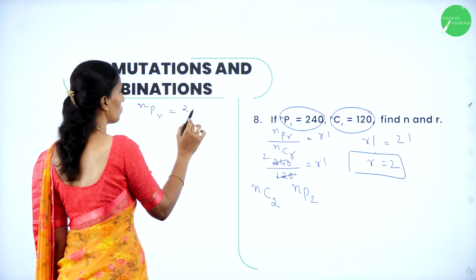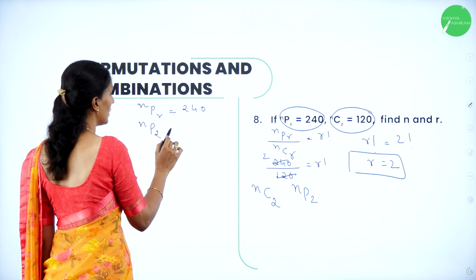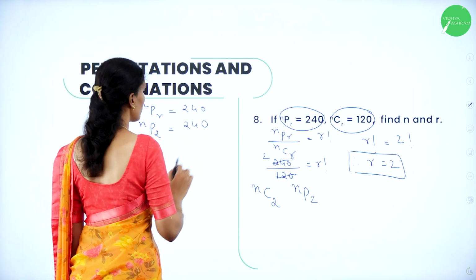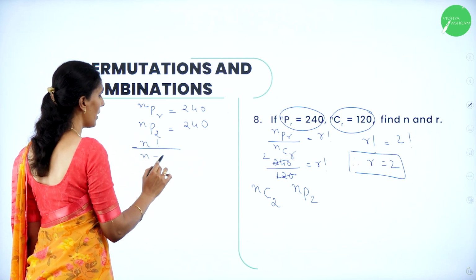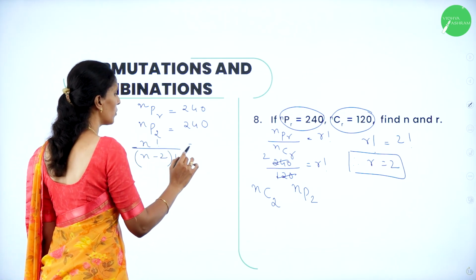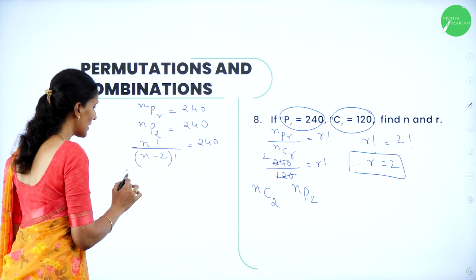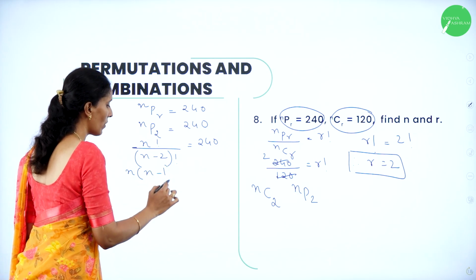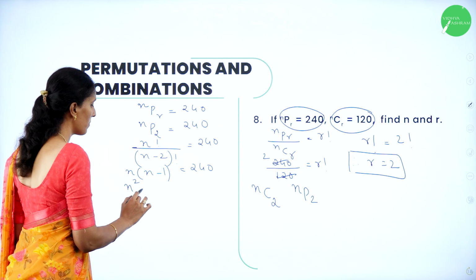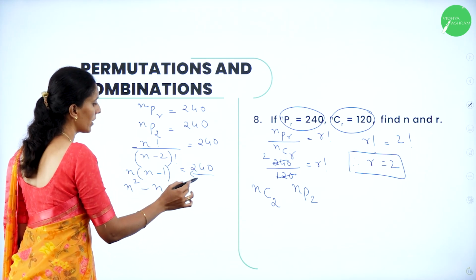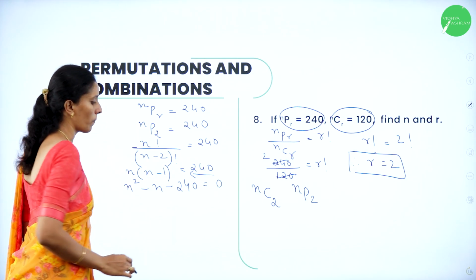nPr is equal to 240. So n I don't know. So r is 2. That is 240. This I can write as n factorial by n minus 2 factorial is equal to 240. Until n minus 2 factorial, if I get cancelled, I am left with n into n minus 1 is equal to 240. So n square minus n, shift this 240 here, it becomes minus 240, that is equal to 0.